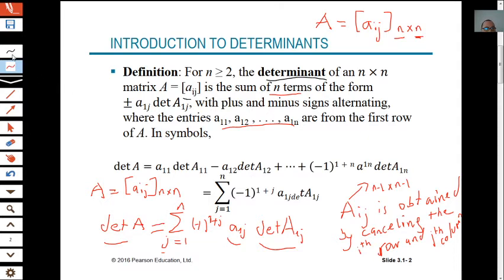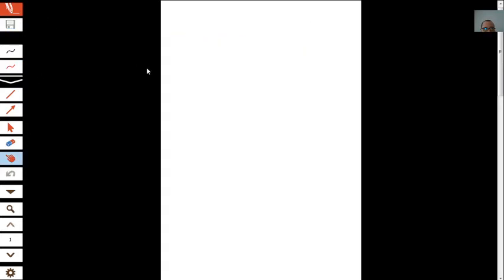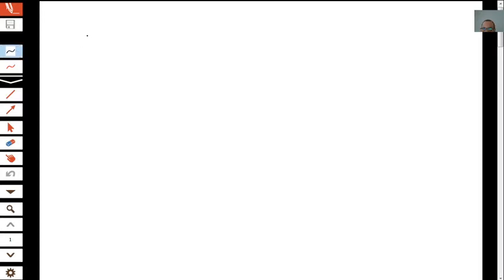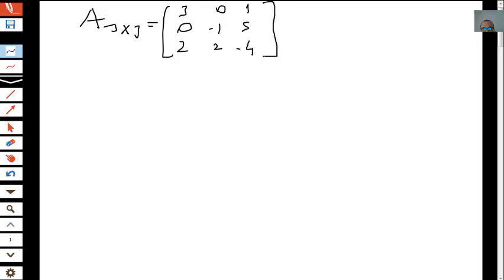For example, we have a matrix A which is 3 by 3. We have 3 rows and 3 columns: 3, 0, 2, 0, minus 1, 2, 1, 5, minus 4, for example.